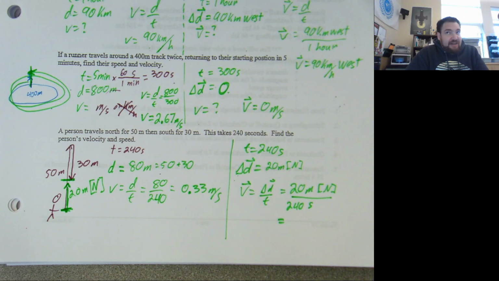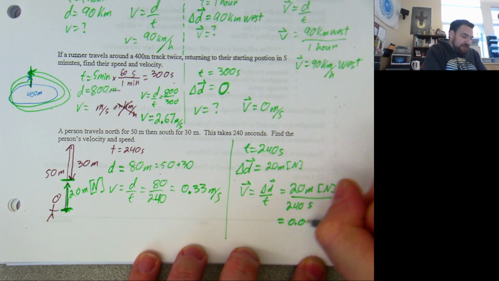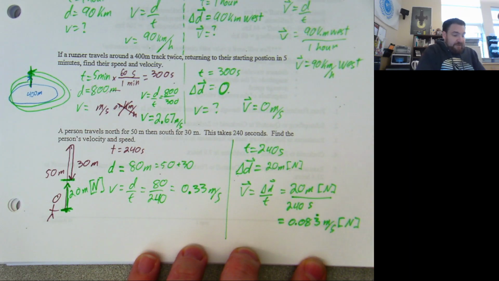But that's not a fraction I ever want to leave. Because thinking about 12ths of things, like a 12th of a meter per second, that's pretty abstract for like 99% of humanity. So I'm going to leave it as 0.083 repeating meters per second, and that direction needs to come along for the ride.